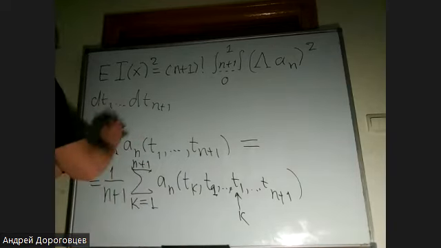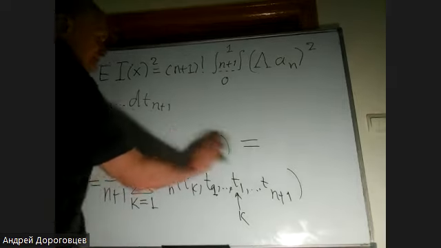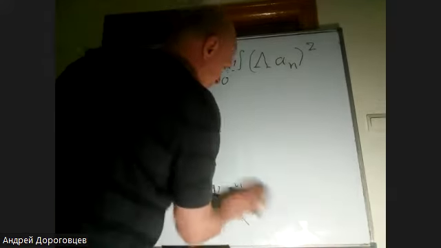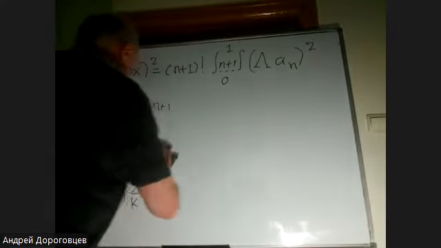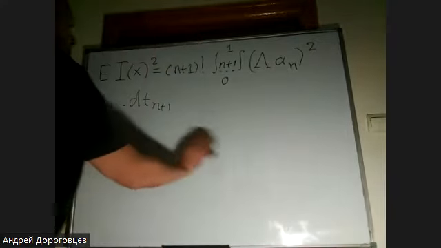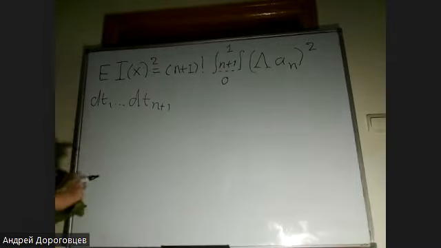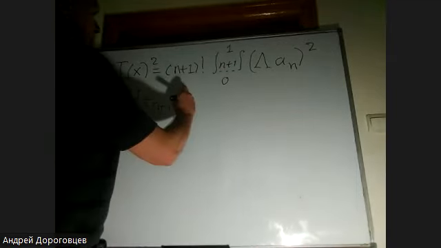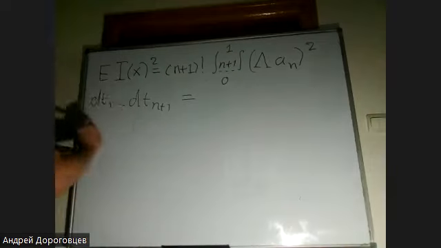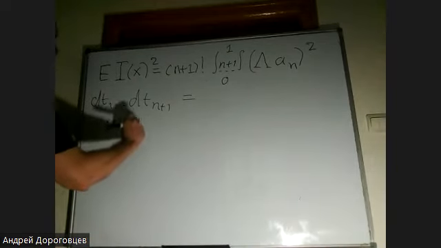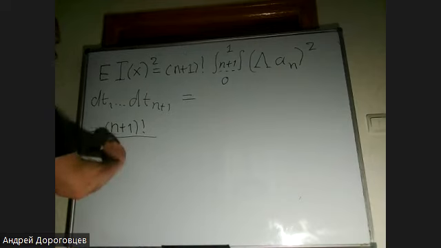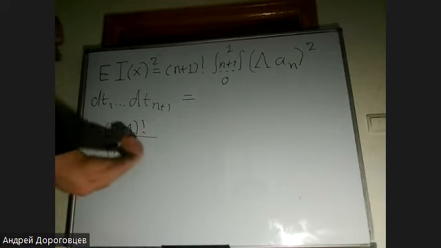So let us continue. It's equal to (n plus 1) factorial divided by (n plus 1) squared.